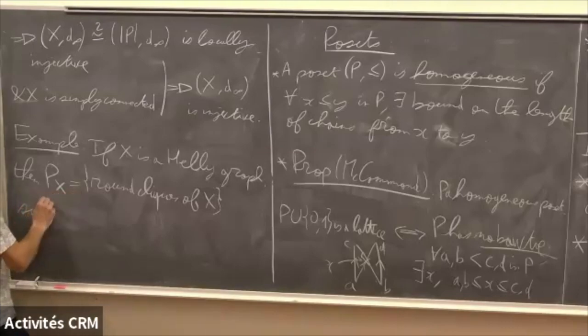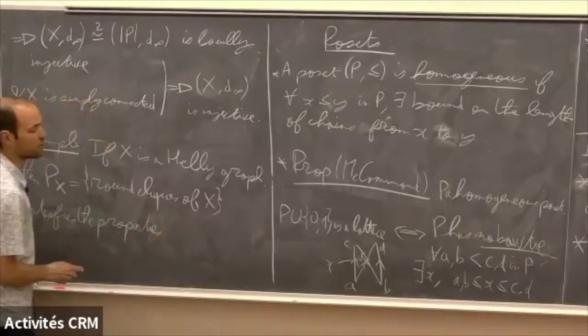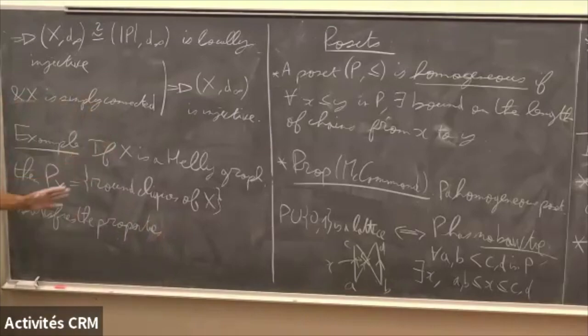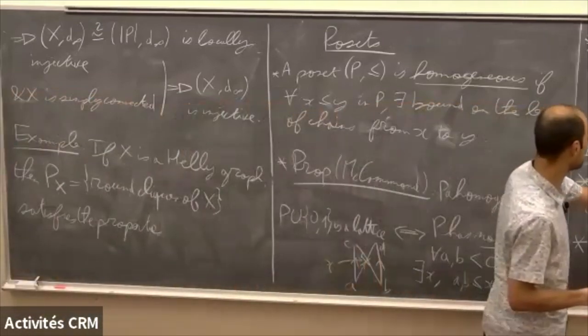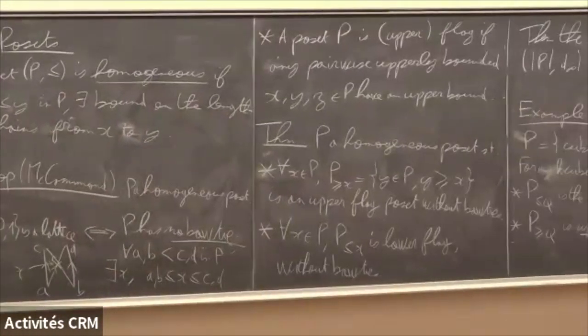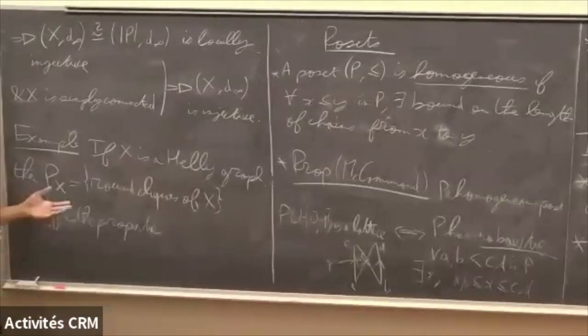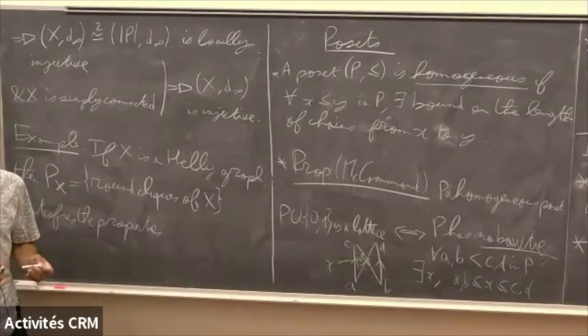It satisfies the properties if you assume some finite dimensionality condition on the Helly graph to have the homogeneous property. So this result is a way to see that if you take a Helly graph, take this poset, take the geometric realization, it will be locally injective. So it will be injective without knowing that it's the injective hull. It's a purely combinatorial way to see that this is actually injective. Okay, any questions?